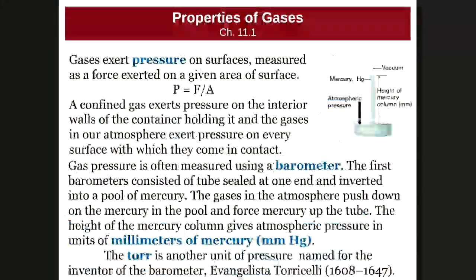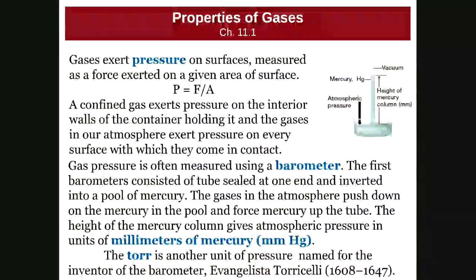All right, so what is pressure? Pressure is equal to force over area. You should have seen this back in experiment 5 in the lab. Gases exert pressure on surfaces, and that pressure is measured as a force exerted on a given area of a surface.